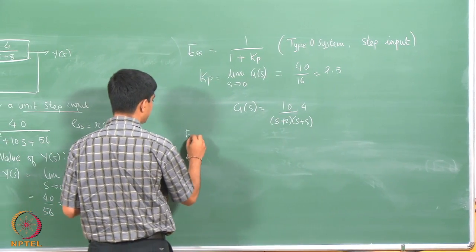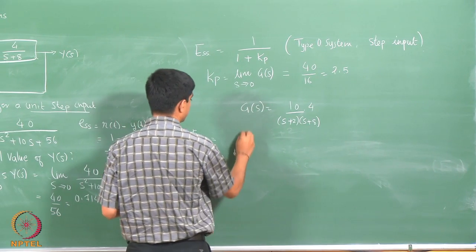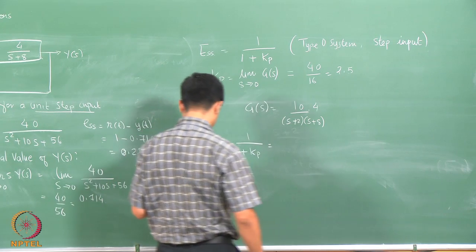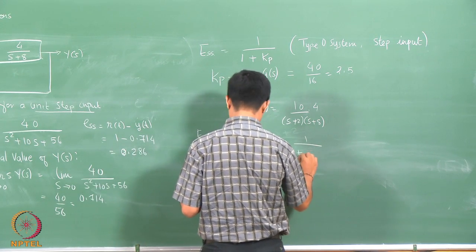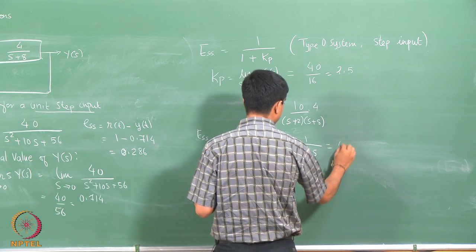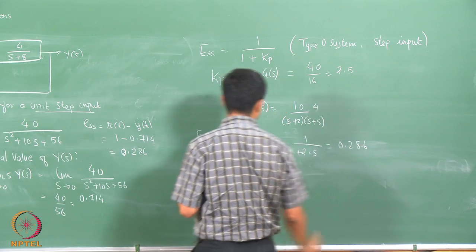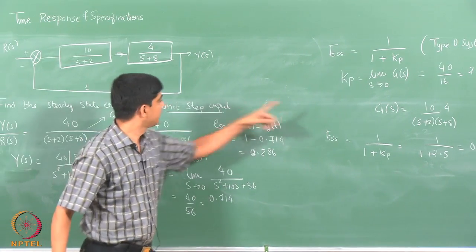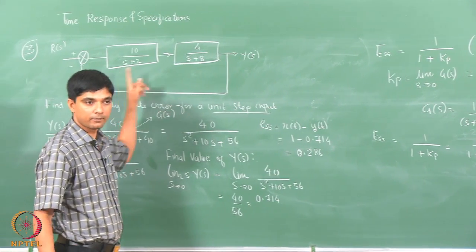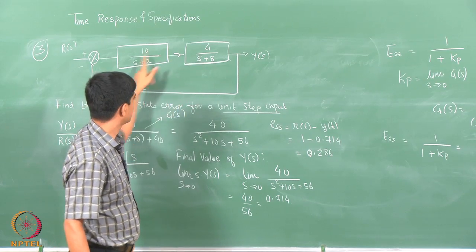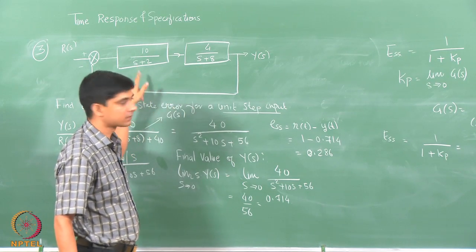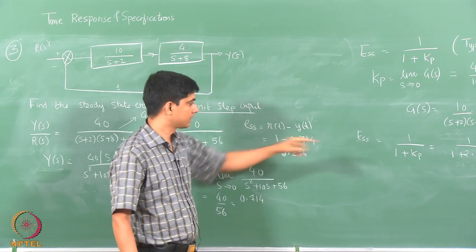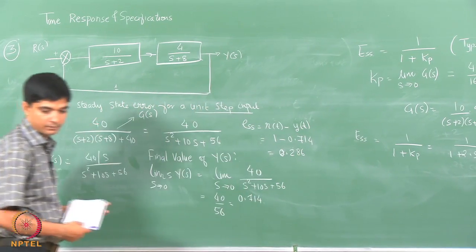So, the steady state error is 1 over 1 plus Kp, is 1 over 1 plus 2.5, and that can be easily computed to be 0.286. Right. So, the advantage here is I do not really need to compute the closed loop transfer function. I can just look at the open loop transfer function and then compute these things directly. Okay. So, again this leads to the same thing, not surprising.